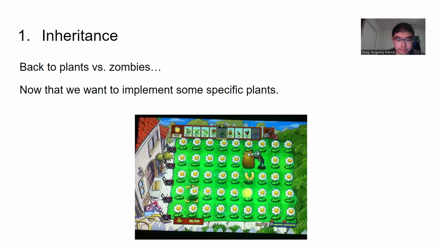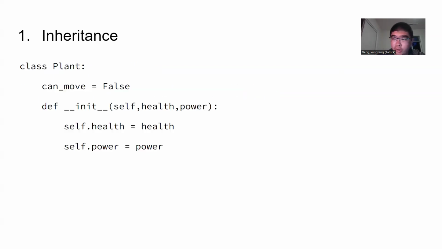Suppose I already have the class plant, and I want to create the class called sunflower. Do I have to copy all of this from the plant class? No, we don't have to. Instead, we can do inheritance.